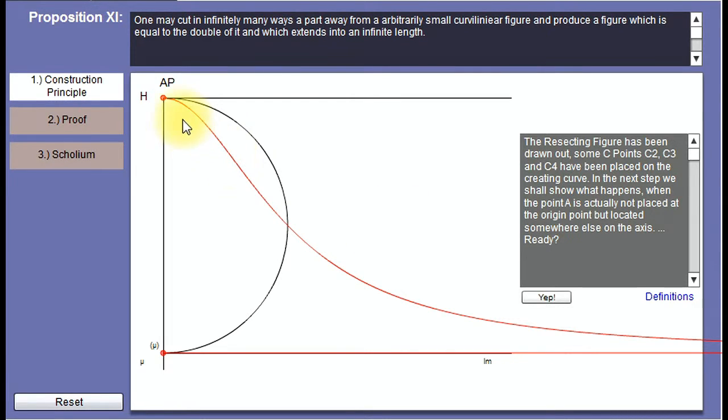The resecting curve designates an area called the resecting figure, which is bound by the resecting curve, which extends to infinity, by the tangent of the micron point we talked about before, and by the axis. This area is called the resecting figure.